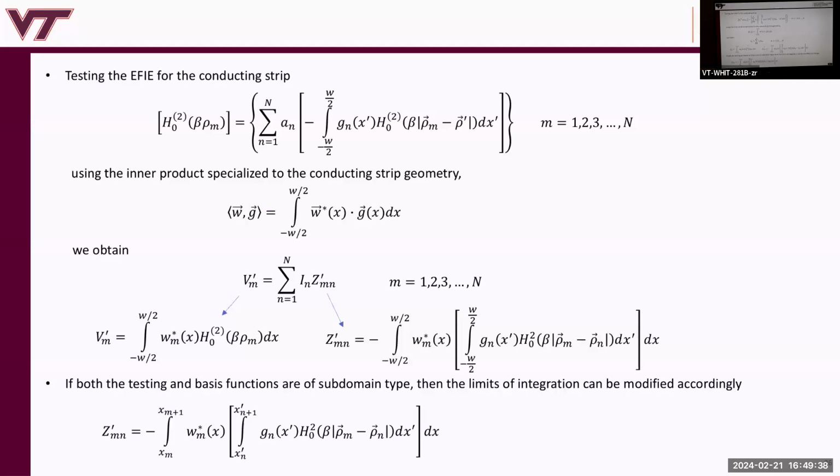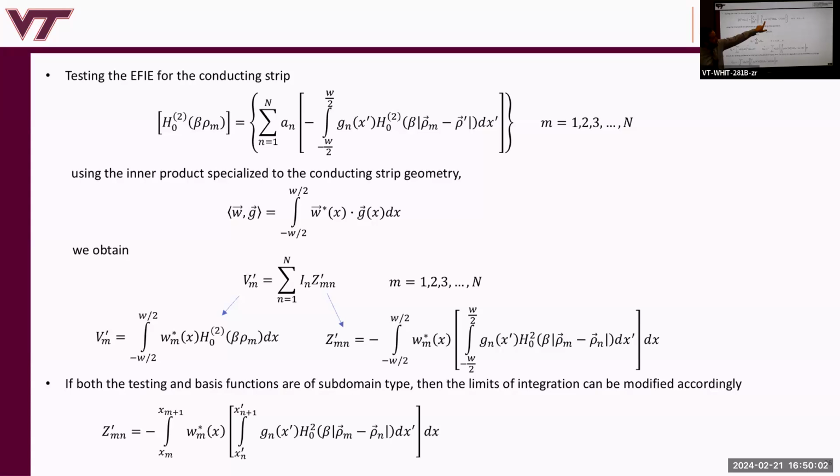All right, so if we test the EFIE for the conducting strip, this is the EFIE here, and we use the inner product specialized to the conducting strip geometry, this will not be integration over S, but integration from minus W over 2 to W over 2 of W conjugate dotted with G dx. Then we obtain the following. This is still very general.